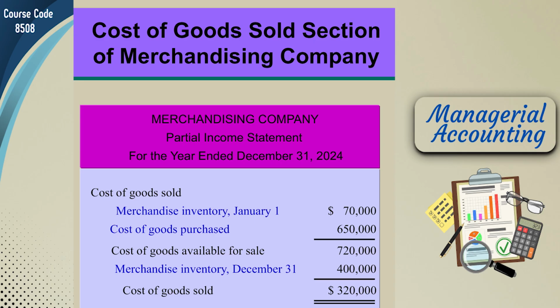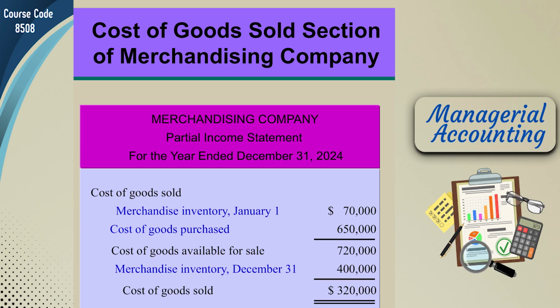So for preparing the cost of goods sold statement, we will add merchandise inventory at the beginning of the period, like here $70,000, and we add cost of goods purchased to the opening inventory, that is $6,50,000. After adding the cost of goods purchased, we will get cost of goods available for sale, that is $7,20,000 here.